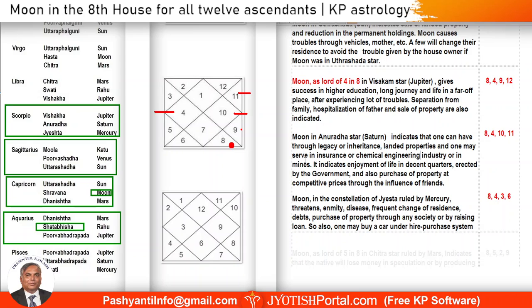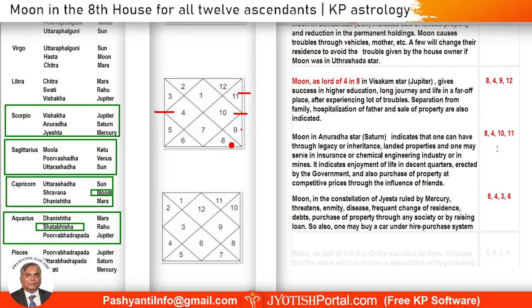For example, the insurance and the chemical. These are two very different kinds of fields, but still it's very logical if you look at KSK's interpretation for the profession or the nature of career.